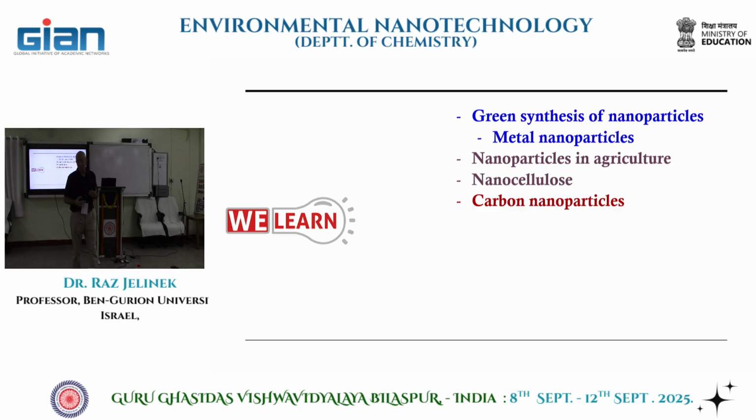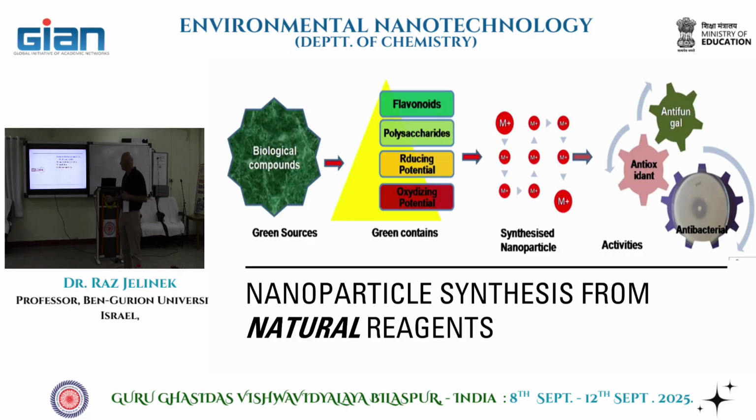We're going to see why nanocellulose is so important, and where and in what applications we can use it. And then at the end, we'll talk a little bit about carbon nanoparticles, which are very useful. We're going to meet them throughout the course in other lectures also.